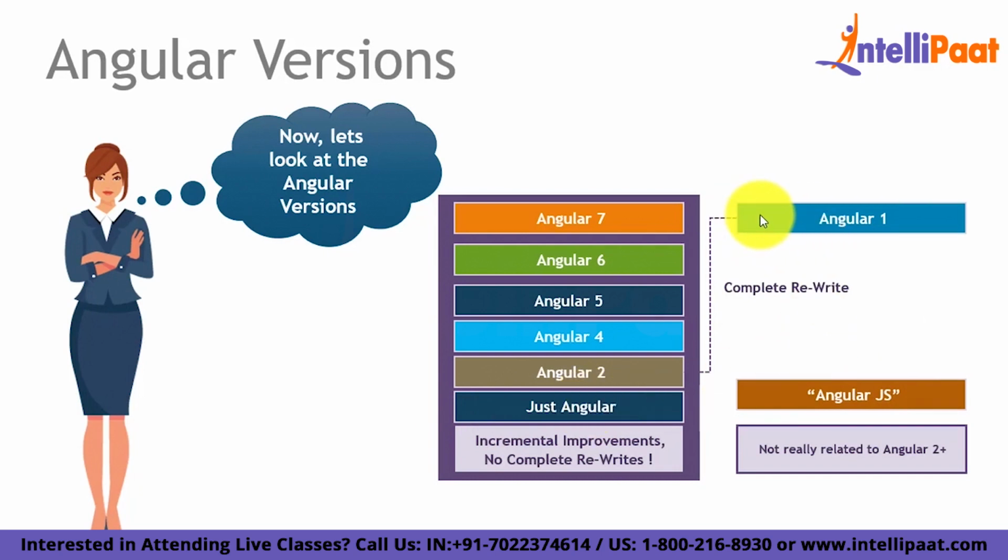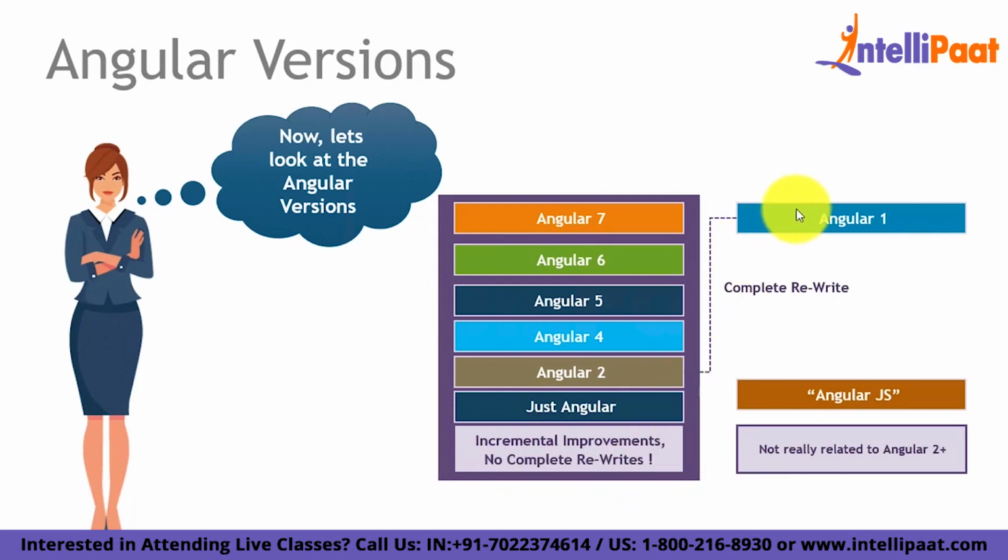So you can check out here, after Angular 1 they did a complete rewrite to create Angular. So AngularJS is not really related to Angular 2+, whereas in case of Angular, we have incremental improvements, no complete rewrites.